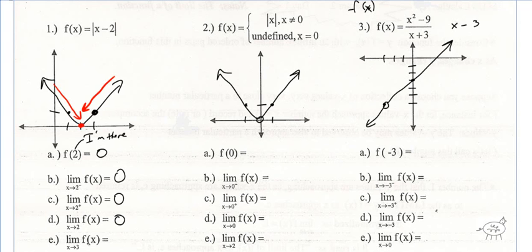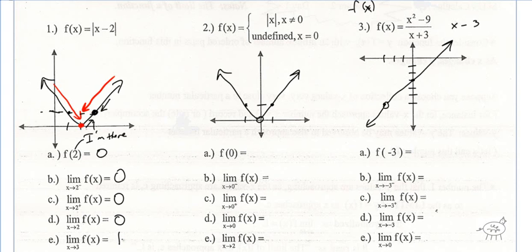So what's going on as I approach it from the left side and from the right side? Well, remember we're looking at the y value, isn't the y value 1? Does that make sense? And just out of curiosity, what is f of 3? Well, isn't it also 1? So in this case, the left-hand limit, the right-hand limit, the two-sided limit, and the actual function value are all the same.